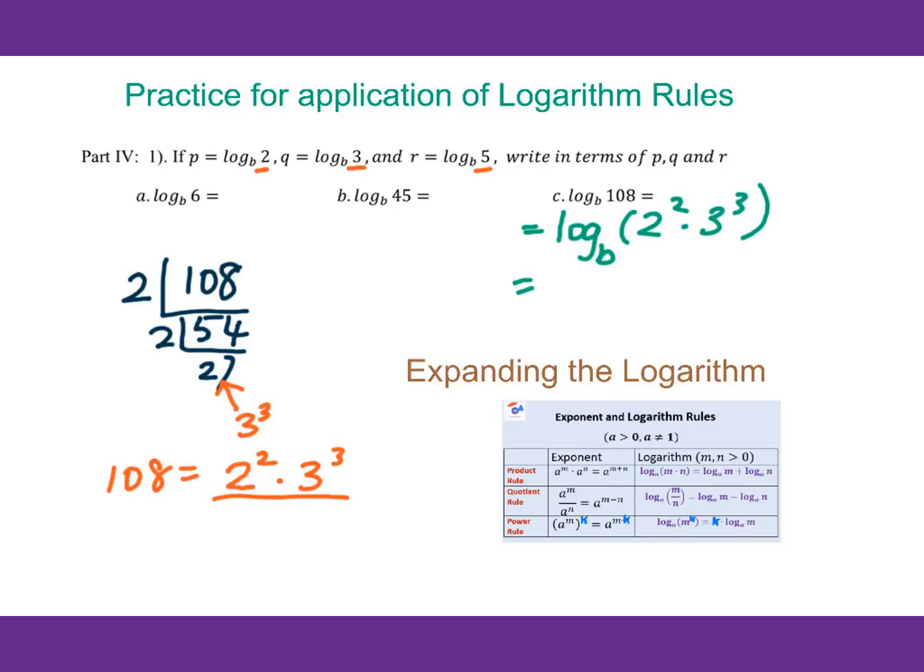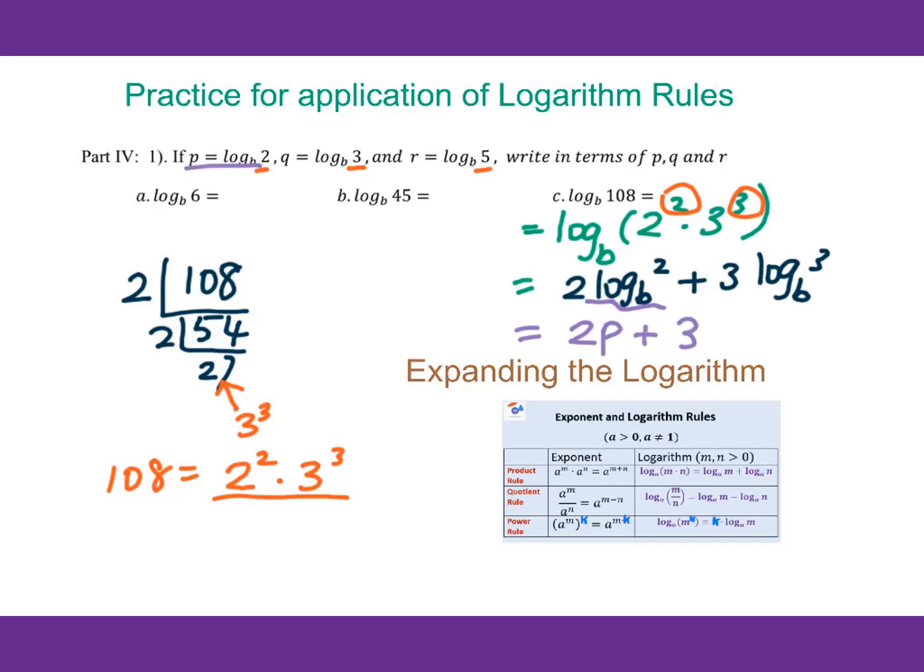We got 2 times log base b of 2 plus 3 times log base b of 3. Make sure the exponent drops down. Then last step, plug in. Log base b of 2, that's p, plus 3 times log base b of 3, that's q.